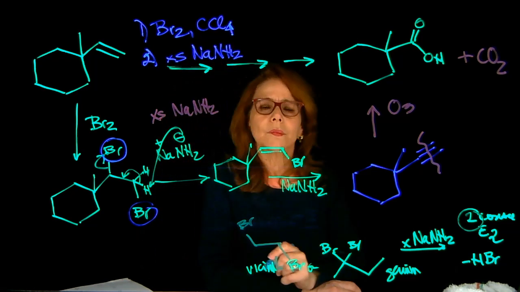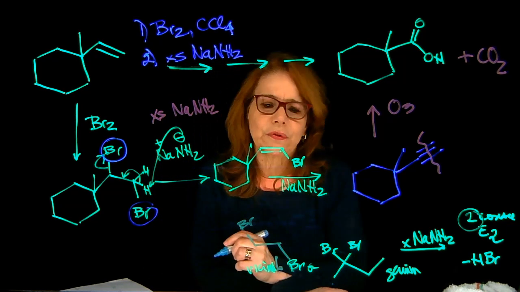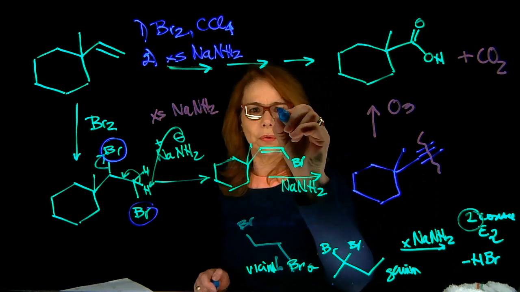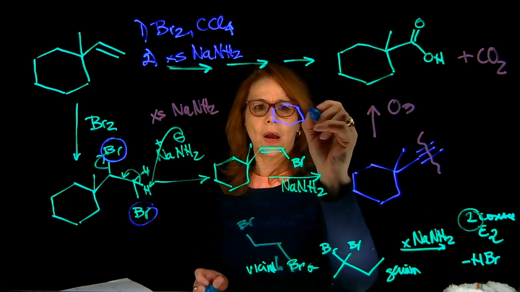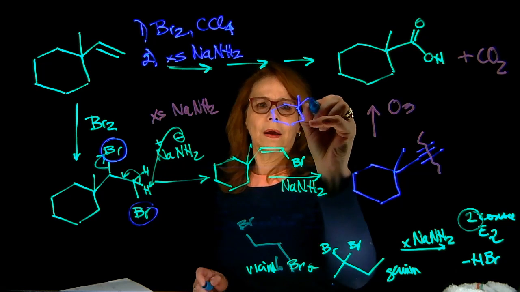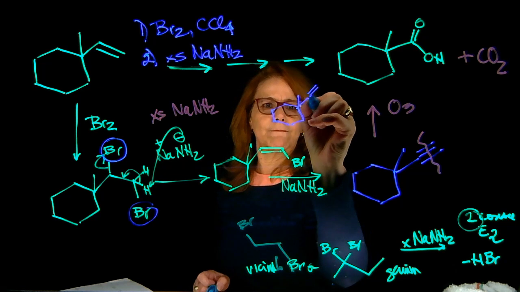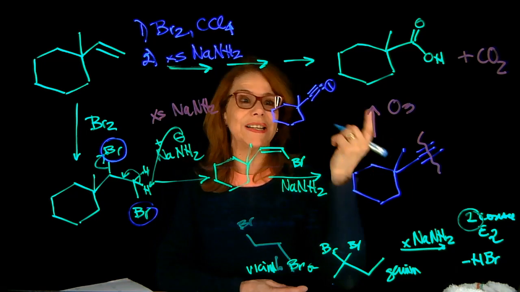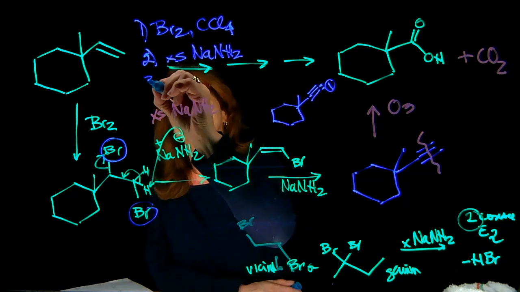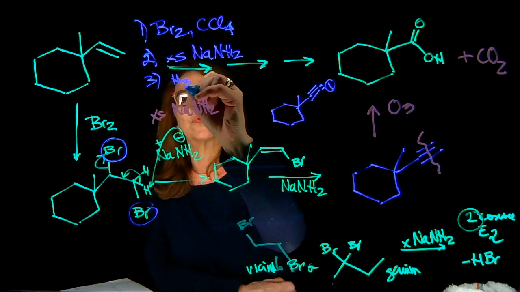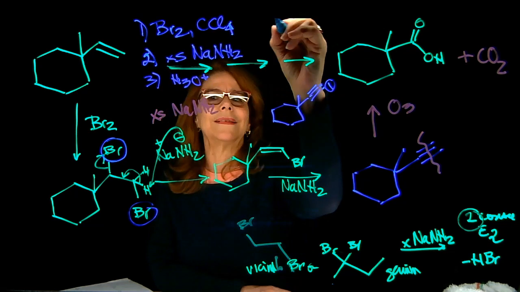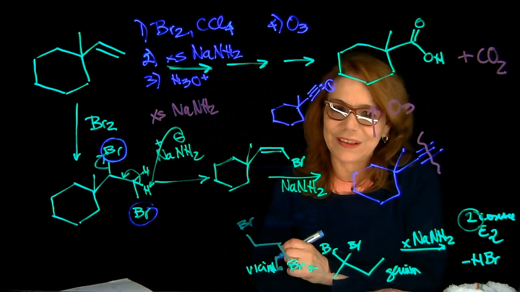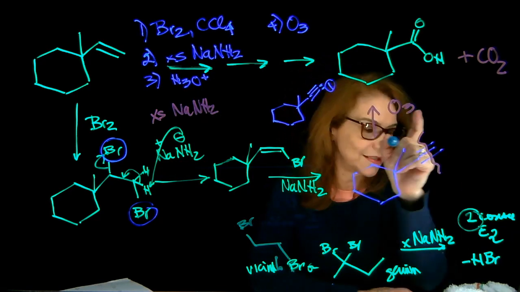And when we use an excess of sodium amide, typically we form, and let me draw something here, an ion, so we need to add acid to actually isolate the alkyne. So I'm going to do H3O plus. And the last step will be the ozonolysis to remove that. So this is how we will do the synthesis of that compound.